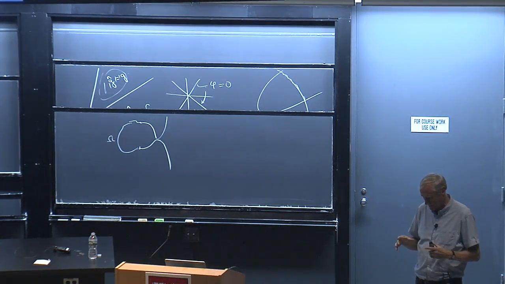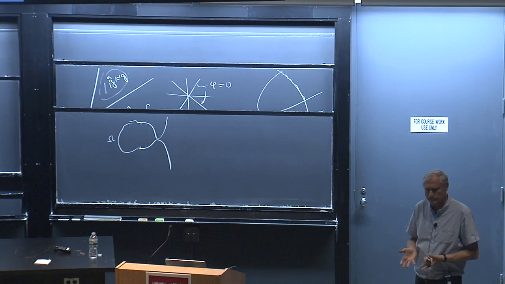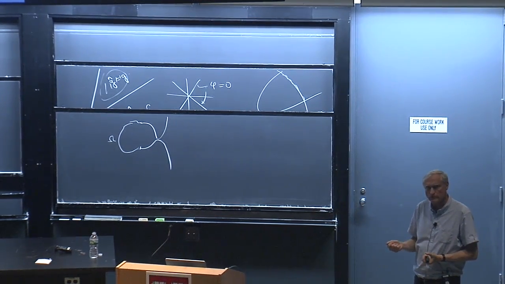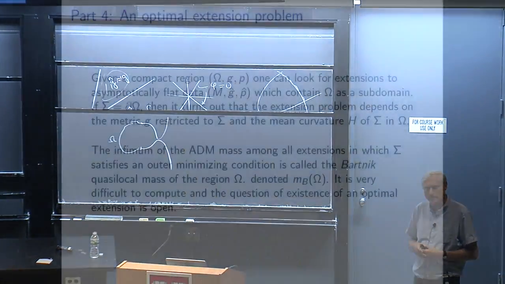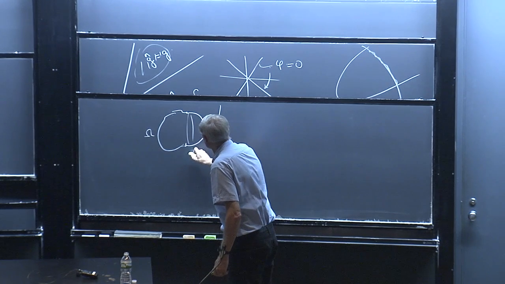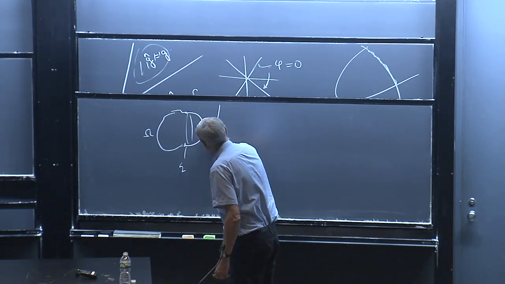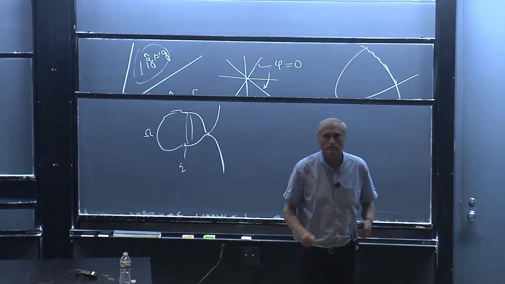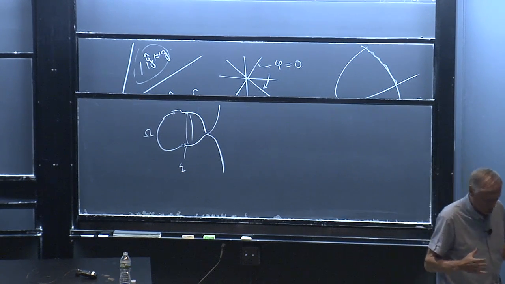So that means that any surrounding surface has larger area. So it's called outer area minimizing. For example, a convex surface in R3 has that property, but in a picture like this, the surface sigma is here. This surface here surrounds it, but it's much, much smaller. Okay, so you want to look at extensions which are admissible.